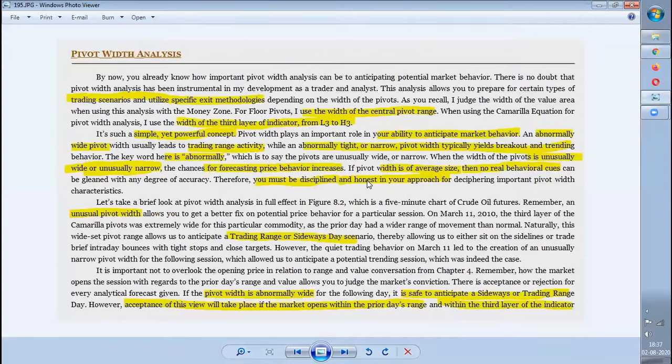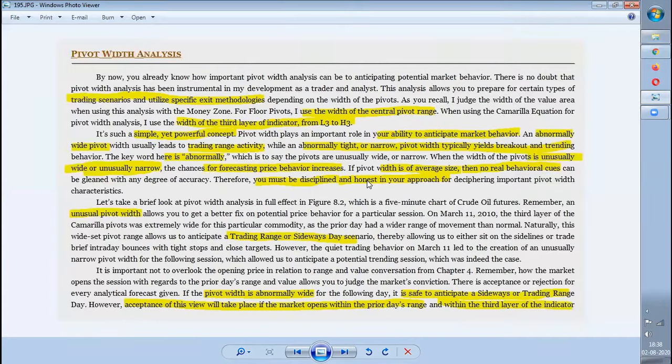If the pivot width is abnormally wide, what happens? Assume the current day is a very, very trending day. Nearly 1,000 points have moved in one day. So what can you expect tomorrow? You cannot expect the same 1,000 points to move. So you have to expect a sideways or trading range day.